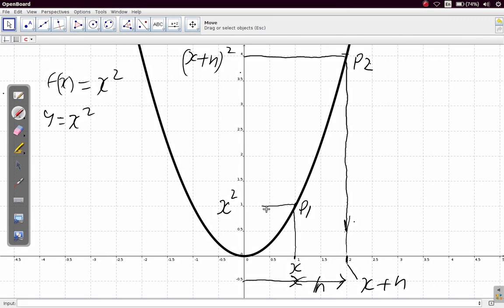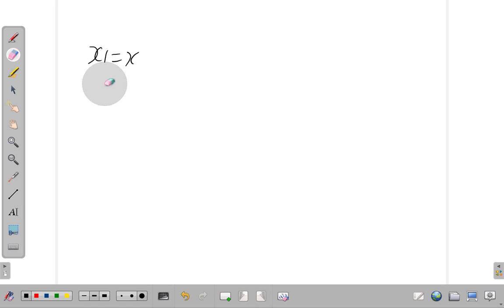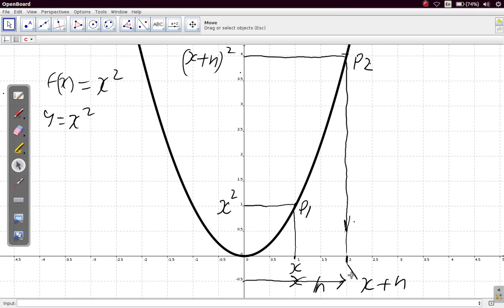Then we have y1 equals x squared. Then x2 is x plus h.